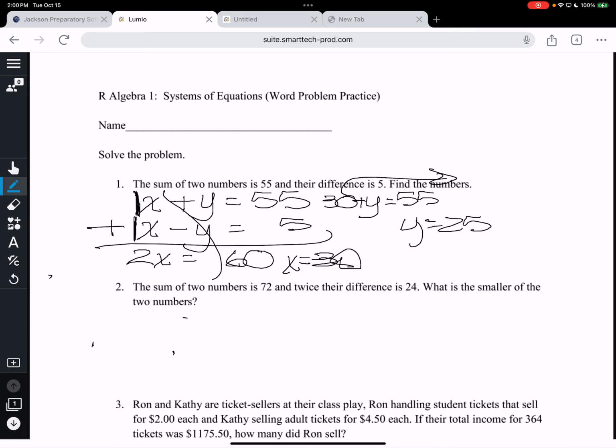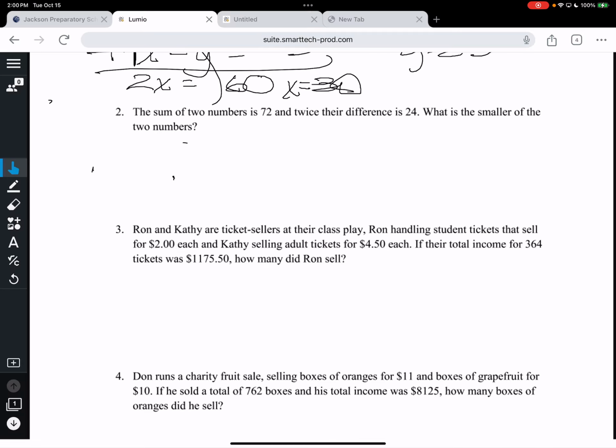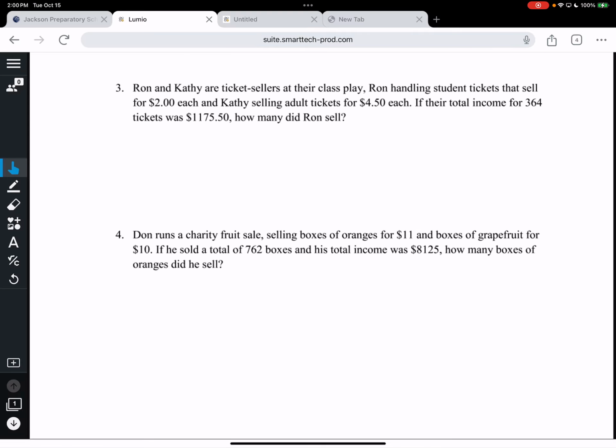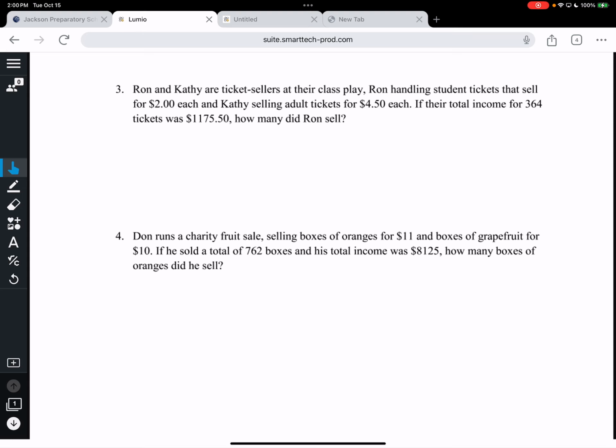All right, number 3. This is where we need to write down all the stuff that we know so that we have it organized. We have Ron and Kathy, and they're both selling tickets to the play. I'm going to use other variables to represent the topic.